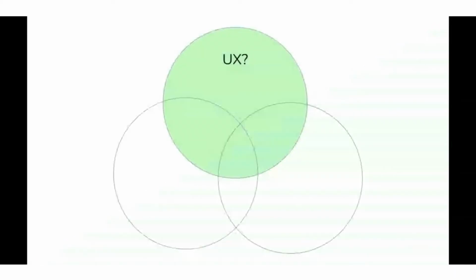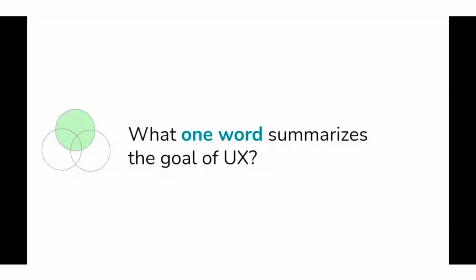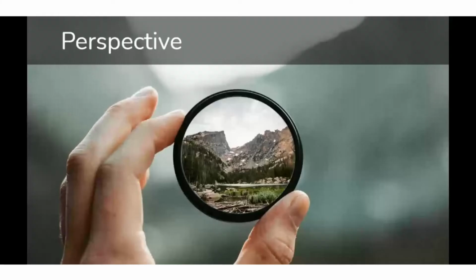So the first question is, what is UX? I don't think people really deeply understand what UX is. And if I had to be pushed to say what one word summarizes the goal of UX, I'd say perspective. The whole idea is that your product is a huge, giant thing, and there's a lot it can do and a lot it can be. And how do you prioritize things?